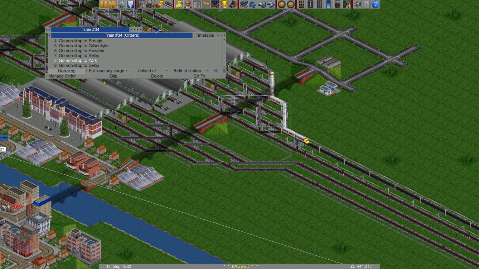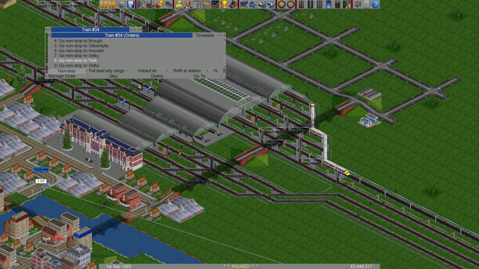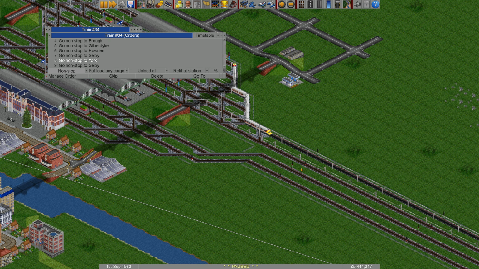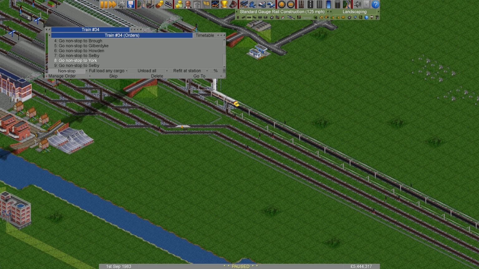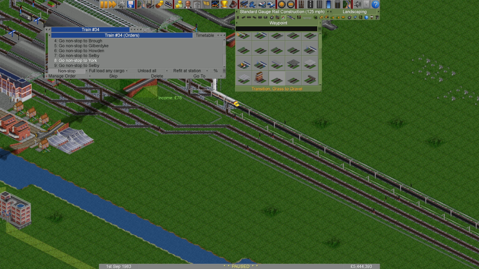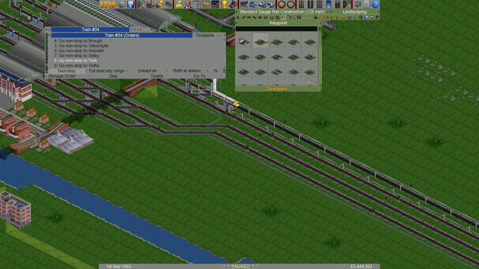So what we want to do is make sure that any services that are going back to Selby, so we could put a waypoint here. Let's try and find our waypoint. That's a speed reduction. Let's use this one.